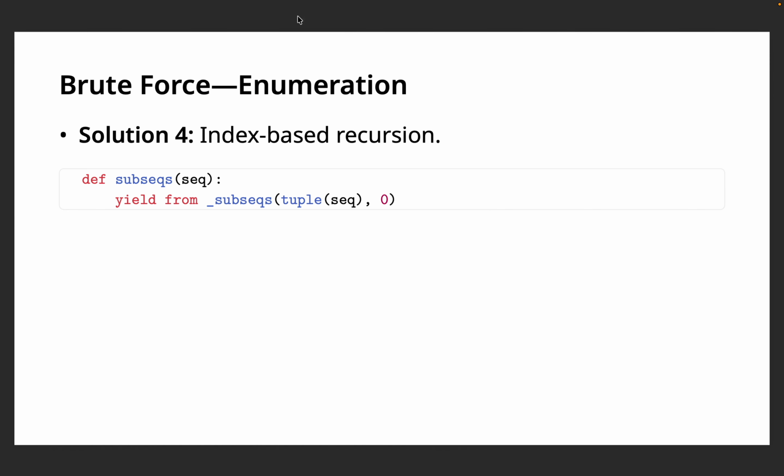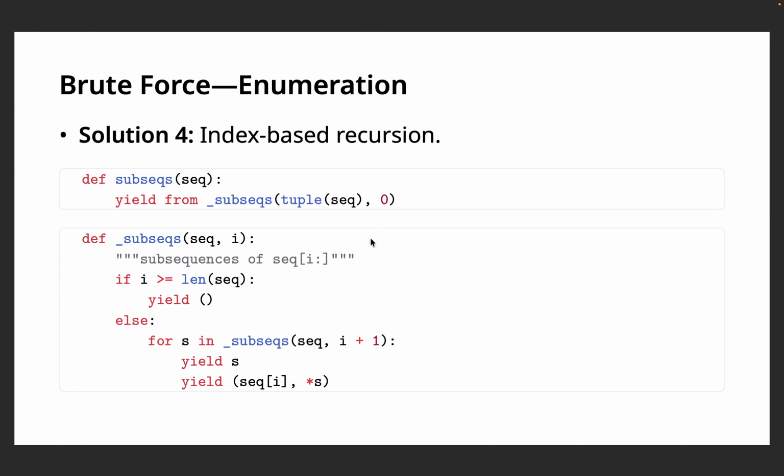Remember, for index-based recursion, what we're basically doing here is we add an extra parameter to represent our index. Then in our new function, since we're keeping track of the index, we no longer have to explicitly slice out some part of the sequence. So what's happening here is, if this I, this index tracker over here, goes beyond the valid indices for the sequence, then there's nothing else to generate.